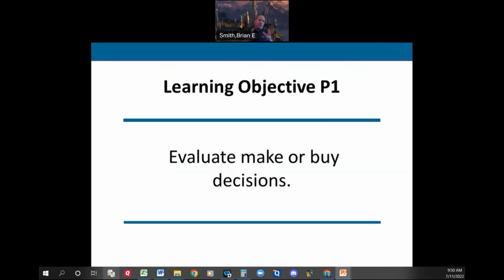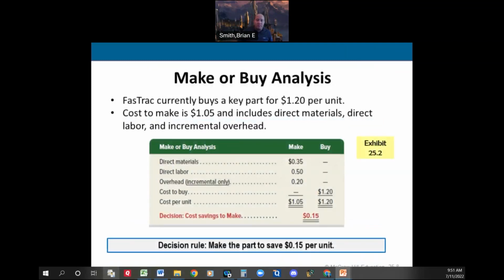That's kind of the decisions we're going to be looking at here. Should we, as the phone company, make those LCD screens or do we go out in the marketplace and buy them? These are the decisions that we make as managers, and we're going to get into more of the decisions here too. So let's look and see what example they've given us.